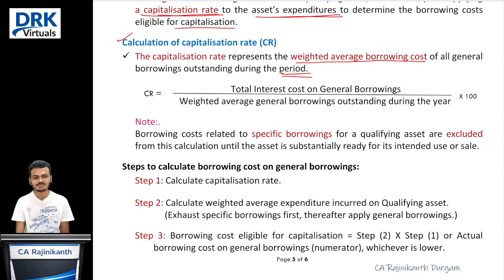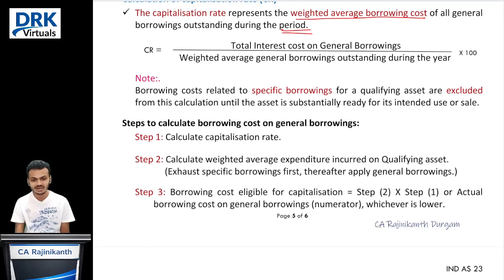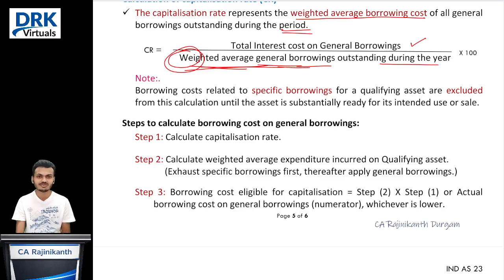It means specific borrowings we should not consider. What is that formula? Total interest cost on general borrowings divided by weighted average general borrowings outstanding during the period. You should be very careful with the denominator. The standard is saying that it is weighted average general borrowings, not just outstanding borrowings. We will discuss while doing the question.